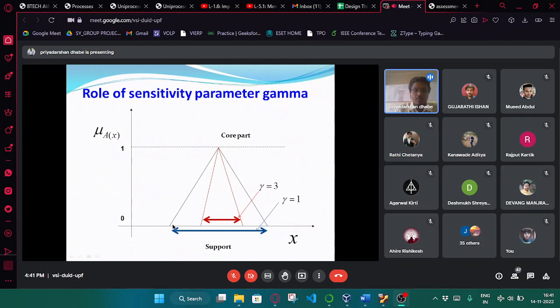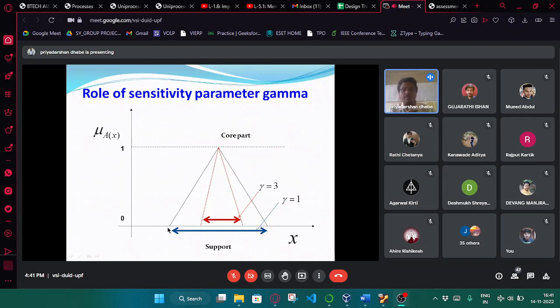Now if I increase the value of x further, all those elements have membership as 0. Same is the case from this value on the left. So all of these values of x assume the membership value as 0.